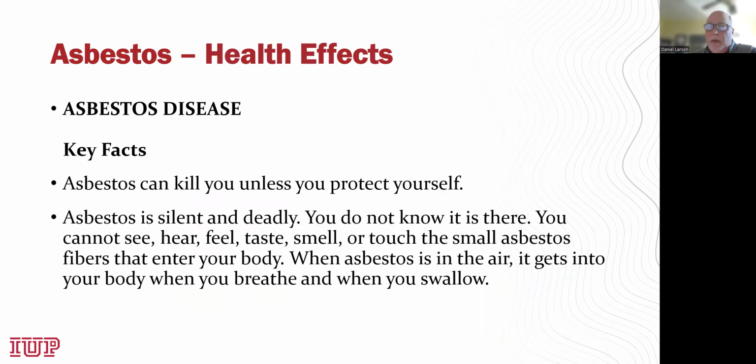So again, these were all different types of materials that could, if they're old enough, especially if they were installed before 1980, potentially contain asbestos. And we still see it today in buildings, although it's certainly not as frequent as it was 20, 30 years ago. So why is asbestos of concern?